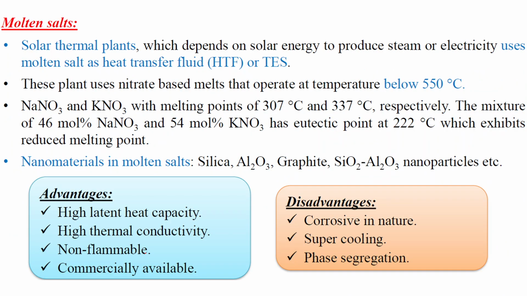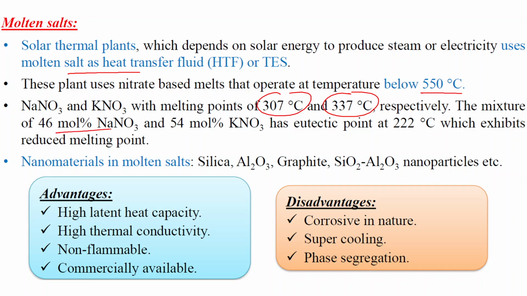Molten salts are one example. Solar thermal plants, which depend on solar energy to produce steam or electricity, use molten salts as heat transfer fluids. These plants use nitrate-based melts that operate at temperatures below 550 degrees C. So this is a eutectic solution we are talking about. This is an example where sodium nitrate and potassium nitrate, with melting points of 307 and 337 degrees C respectively, are mixed.